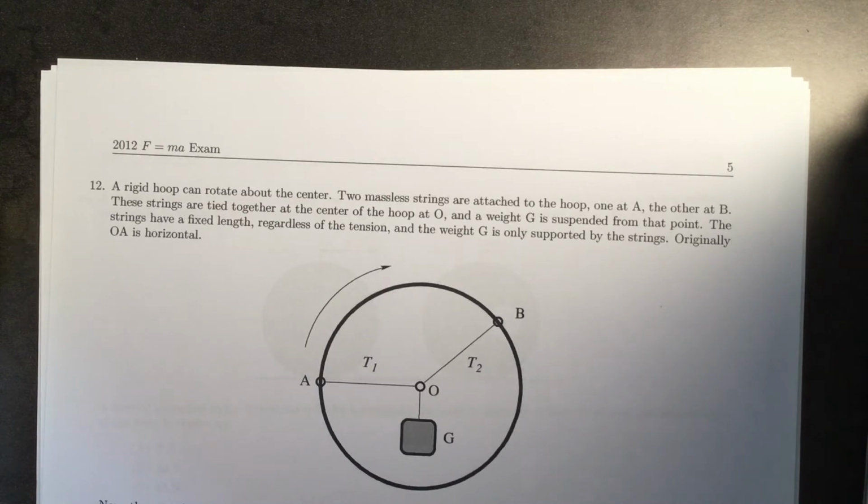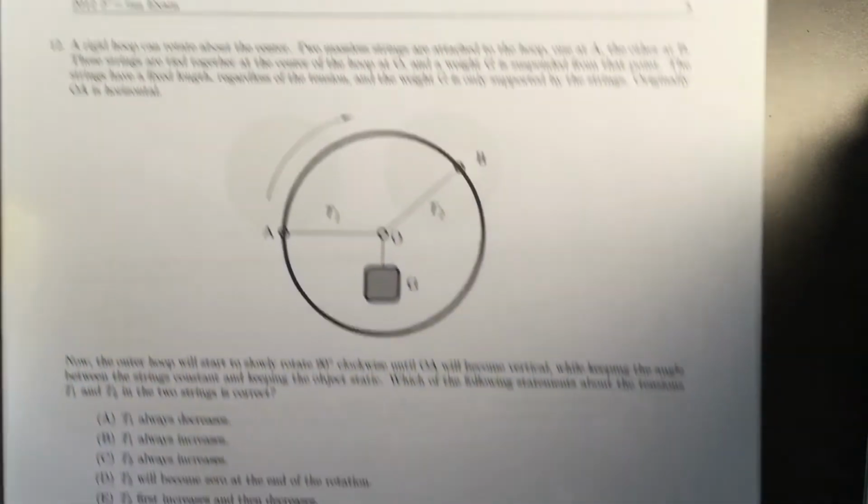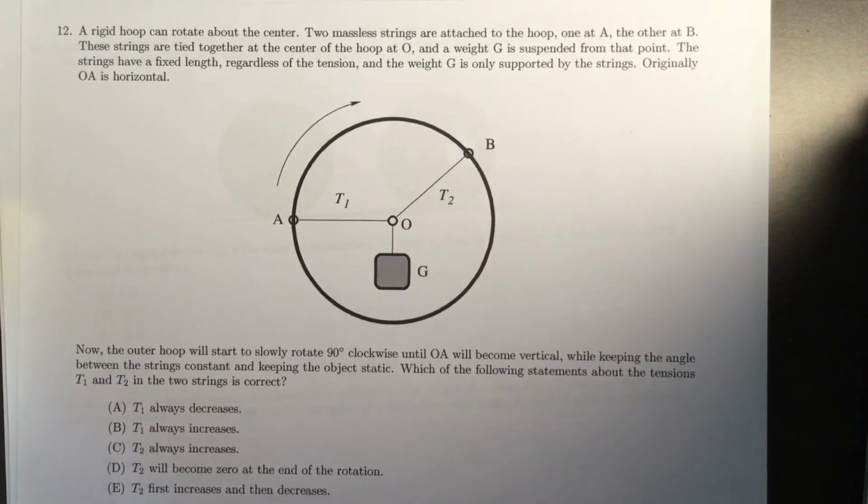Originally, OA is horizontal. Now the outer hoop will slowly rotate 90 degrees counterclockwise until OA becomes vertical, while keeping the angle between the strings constant and keeping the objects static. Which of the following statements about the tensions T1 and T2 in the two strings is correct?